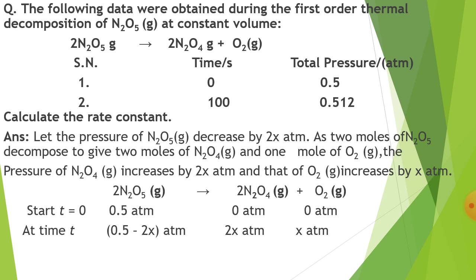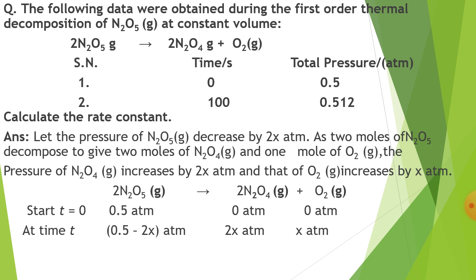Now one numerical based on rate constant in terms of pressure, so that you can know how to use this formula when pressure is given in place of concentration. So now one example is taken in the form of a question.